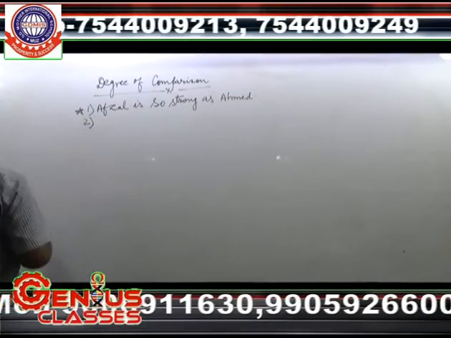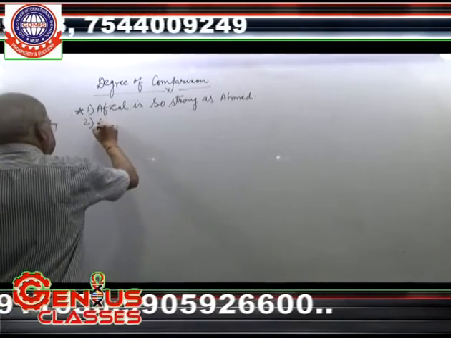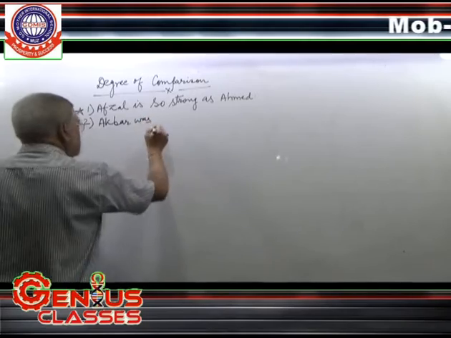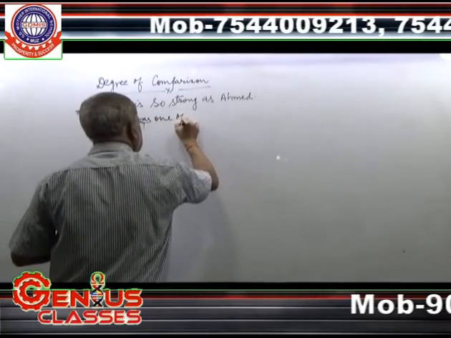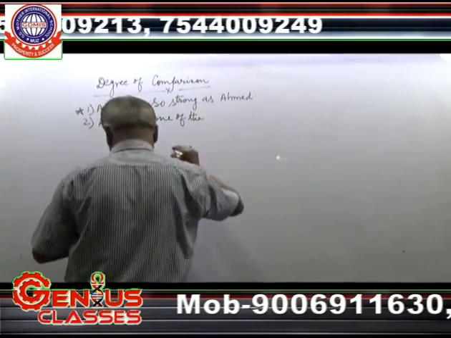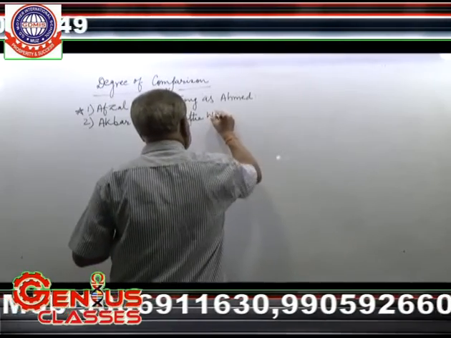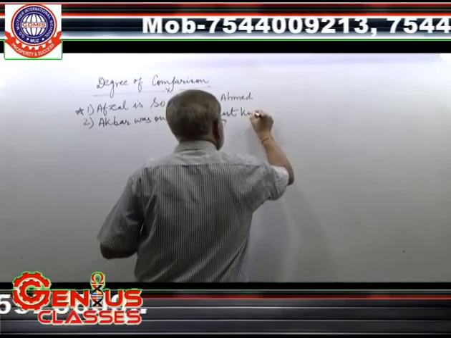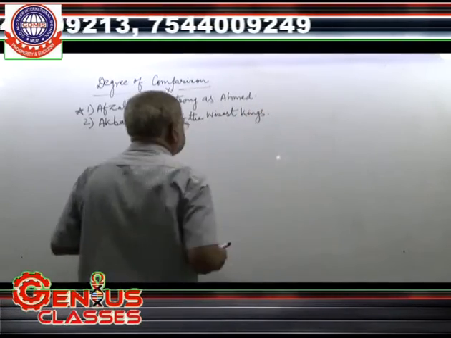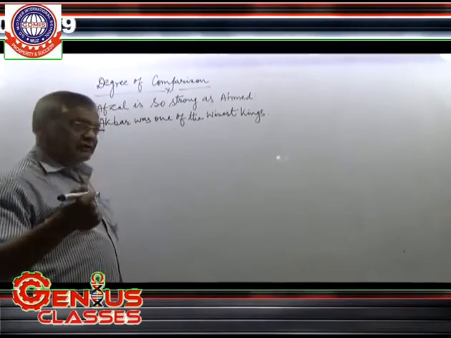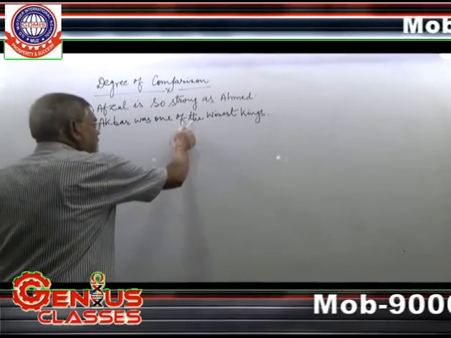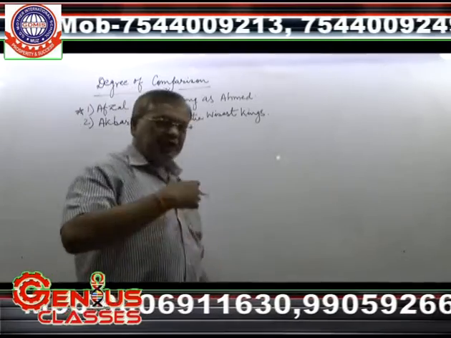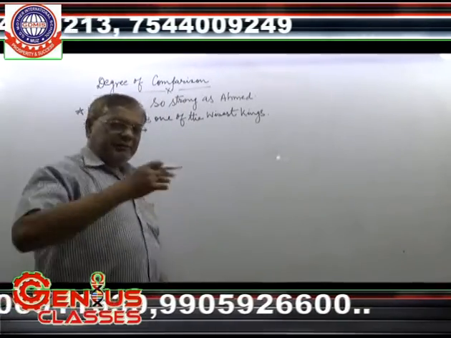Now, question number 2. Akbar was one of the wisest kings. This is the second explanation: the phrase "one of the" has been given, so it is superlative degree. You have to change it into comparative degree or positive degree.